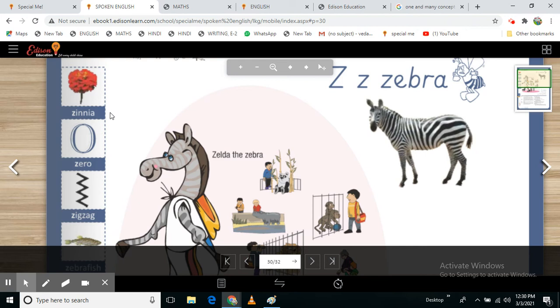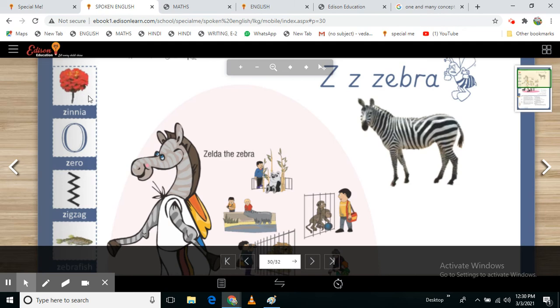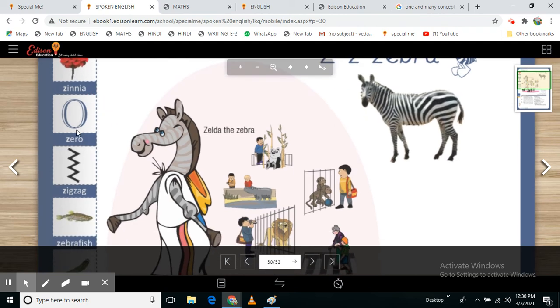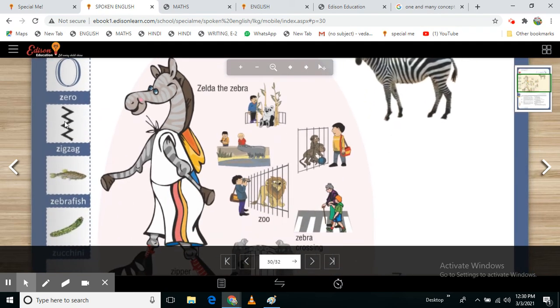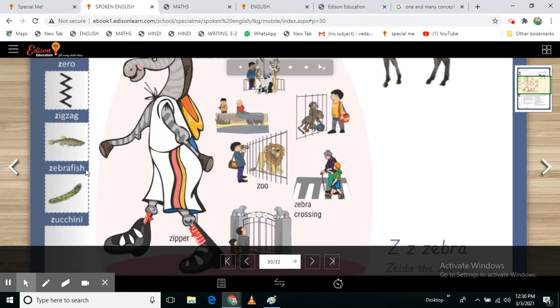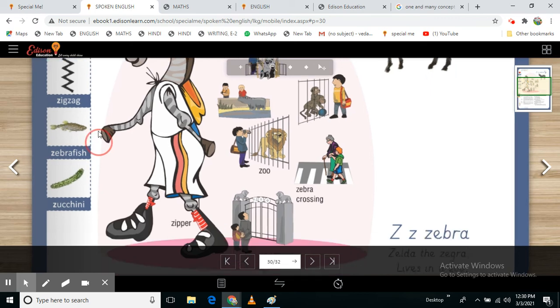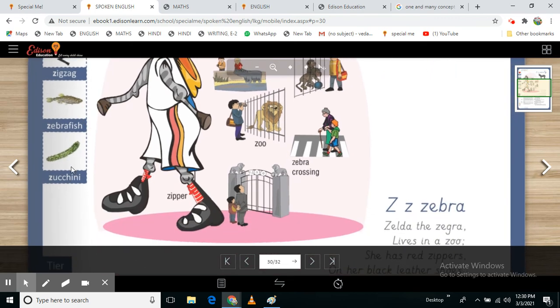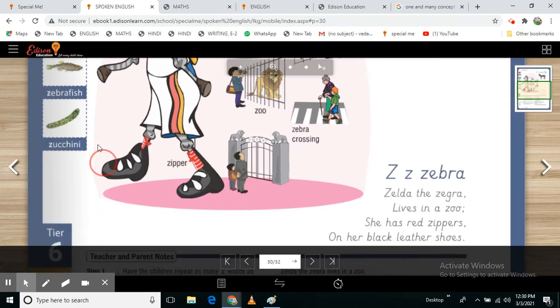Black and white stripes. Now see, what is this? This is zinnia. Flower zinnia, right? This is zero. This is zigzag, right? And this is zebra fish. Zebra fish. Zucchini. Okay, this is a vegetable, zucchini, right?